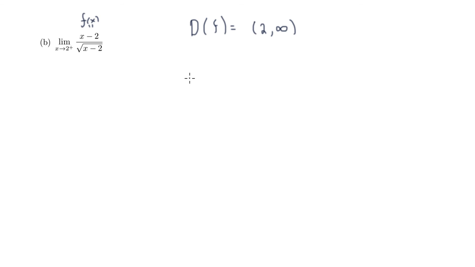So you see that it wouldn't make sense to look to the left of 2. It doesn't even make sense to look at x equals 2. It only makes sense to look as x approaches 2 from the right.